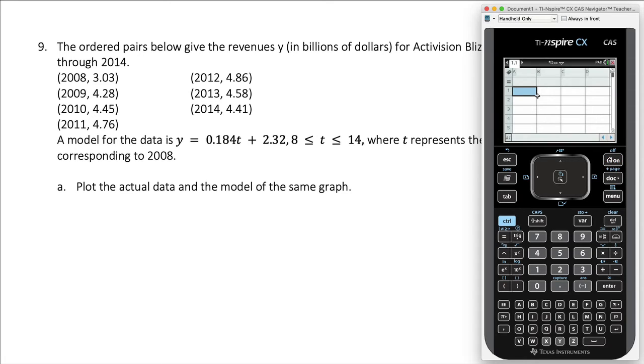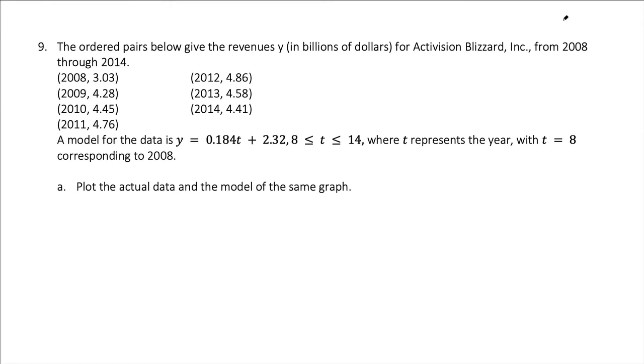And then we want to label our columns as, and here it looks like we're using Y and T. So we'll do T and then Y for those columns. Okay, and then notice that this tells us that t equals 8 corresponds to 2008.